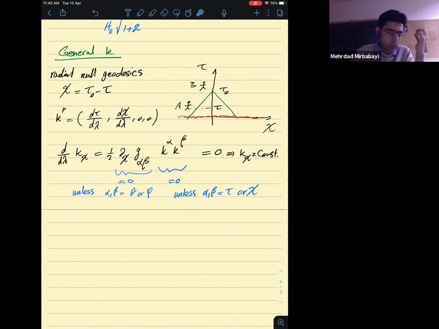Or basically, in what way is the scale factor A of tau evolving? And of course, that is related to the history of the universe. So eventually, the goal is to understand the time evolution of the scale factor, and using that determine the energy content of our universe.